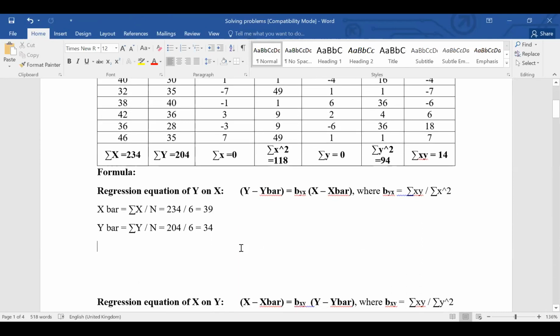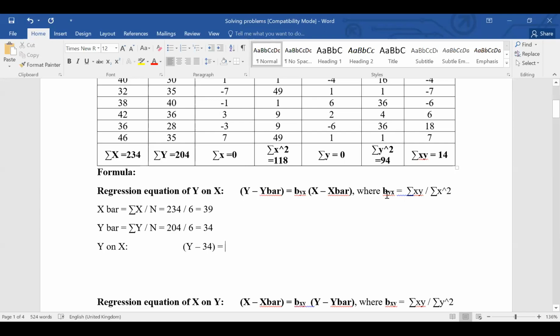Now tell me, what is the regression equation of y on x? See this. So first one is y on x, right? Okay. Now what is y minus y bar? What is the y bar value? 34 equal to b of yx.